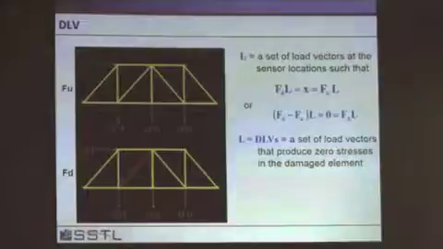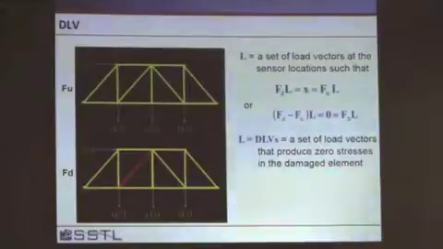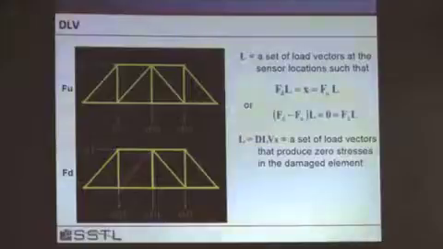How is that possible? It must mean that the load path in the structure doesn't go through this element. So if in the undamaged structure there's no load carried by this element, when you look at the damaged structure, if there's no load carried by this element, the displacements will be the same in both cases.